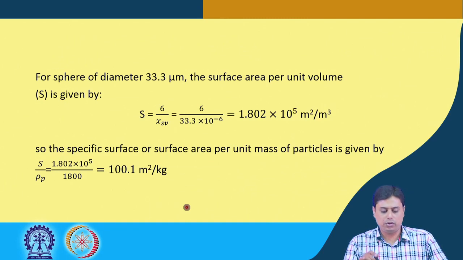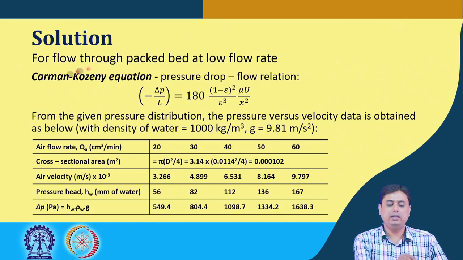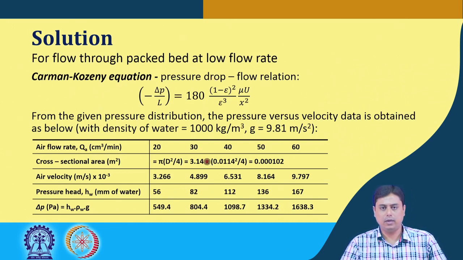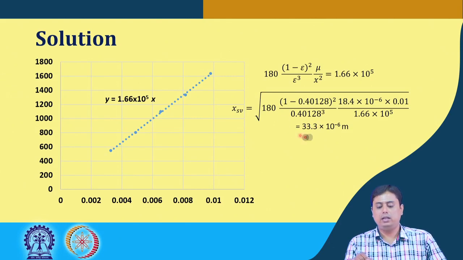that you should try is that here we have assumed that this equation is valid for this problem, and you have to remember this Carman-Kozeny equation is valid for very low Reynolds number. Can you establish that? Because now you have the diameter of the particle.